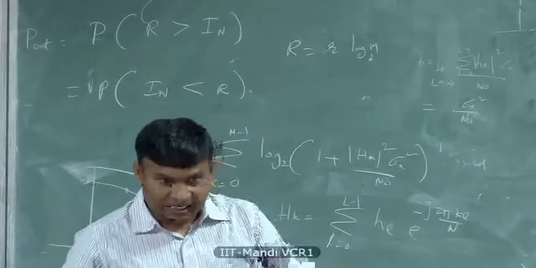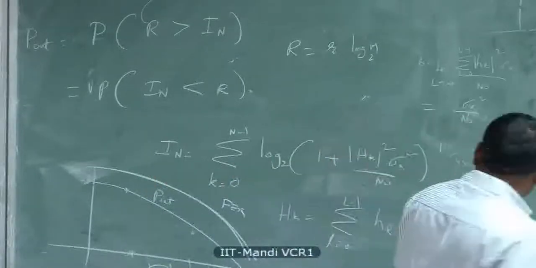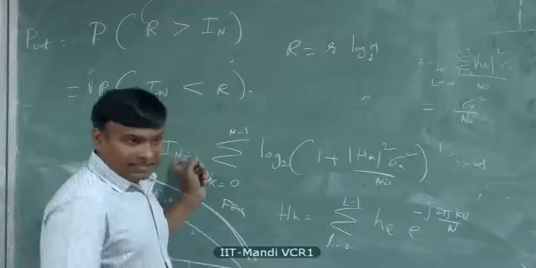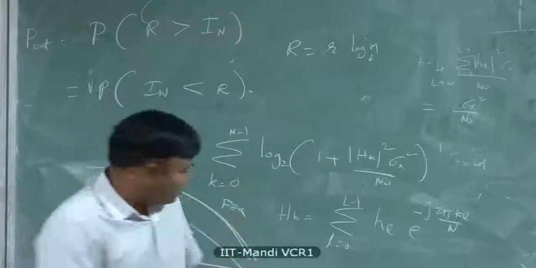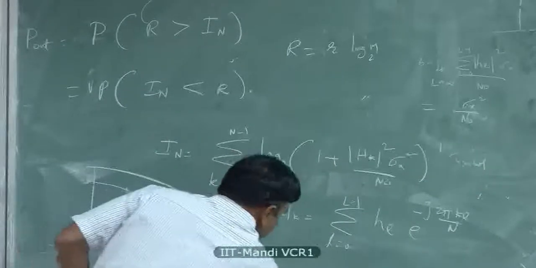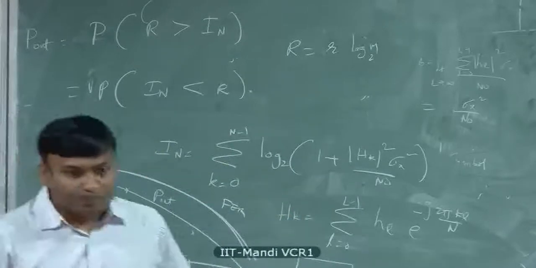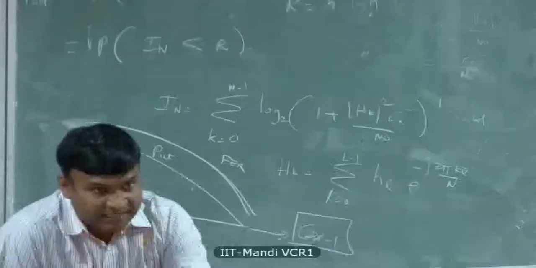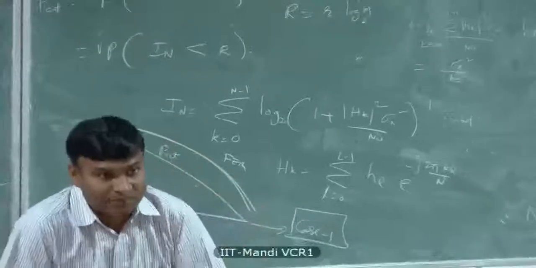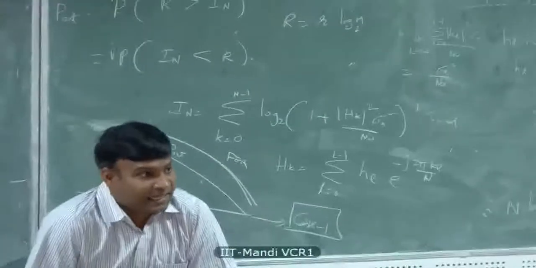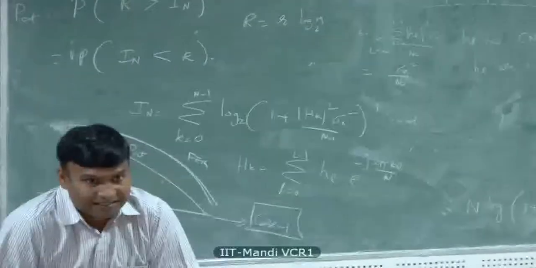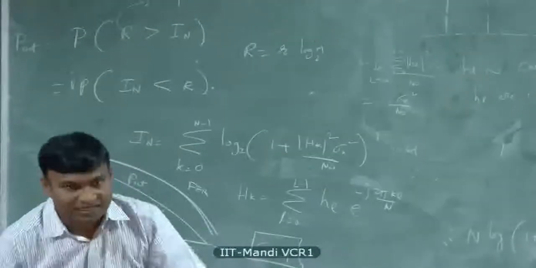Let's look at another scenario. This is case 1. Case 2, the receiver measures IN at that given time, feeds it back to the transmitter, and the transmitter transmits at the rate IN. Is there an outage? Well, slightly below that. There is no outage.